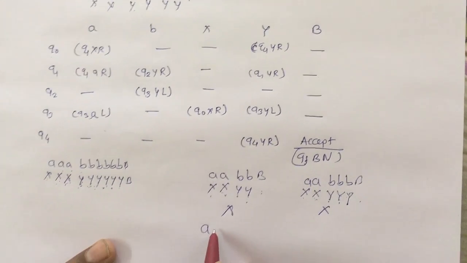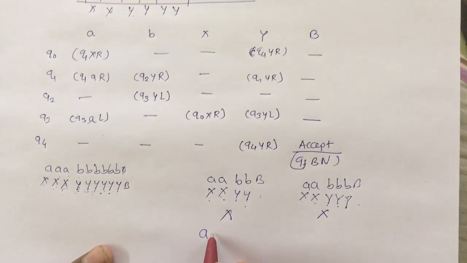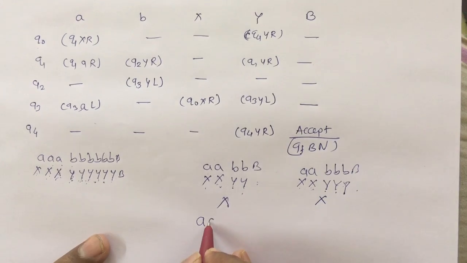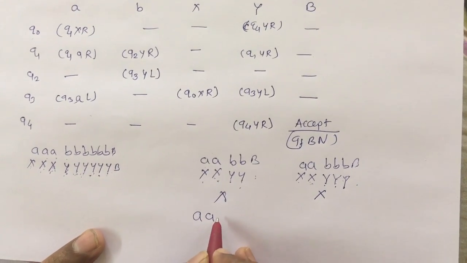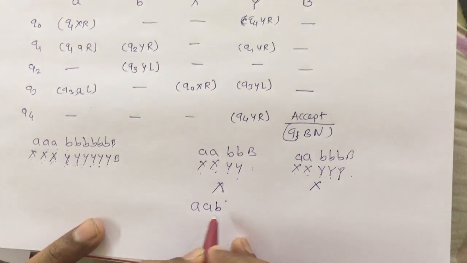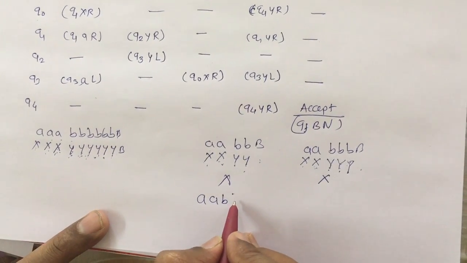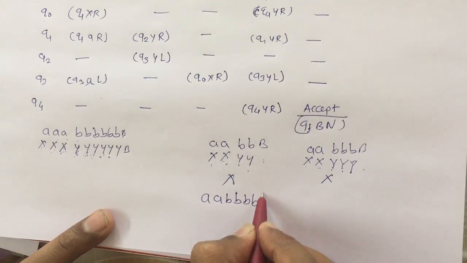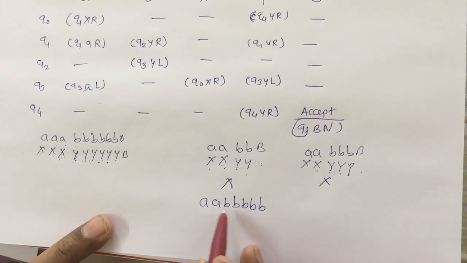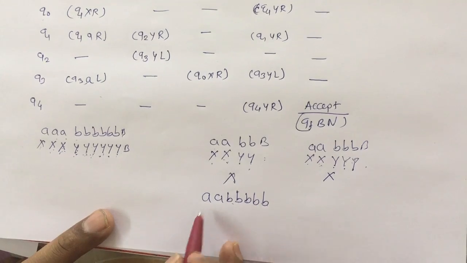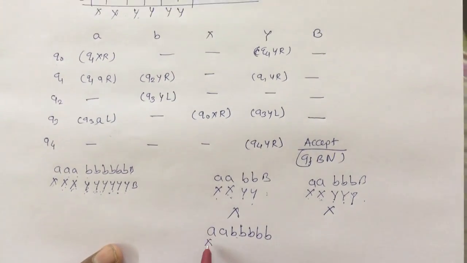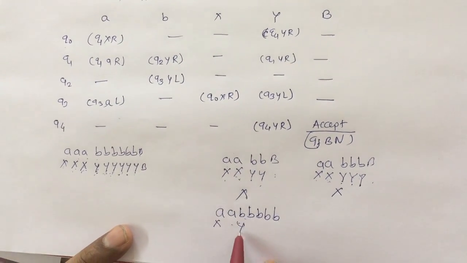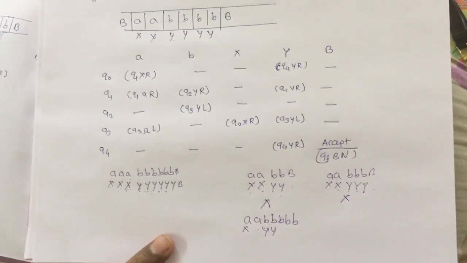So let us take now a case where the number of B's is lesser, with more A's, so that we have extra A's. Q0 A, Q1 X R, Q1 A R, Q1 B, Q2 Y R, Q3 Y L, fine.